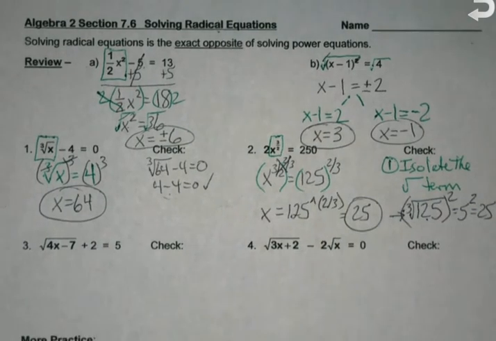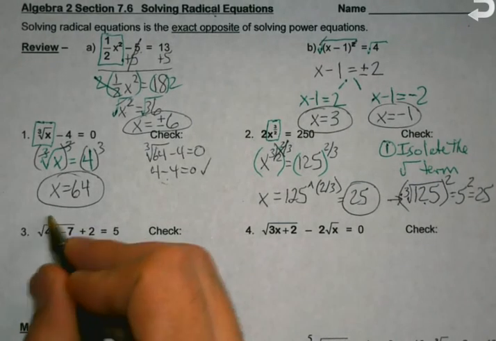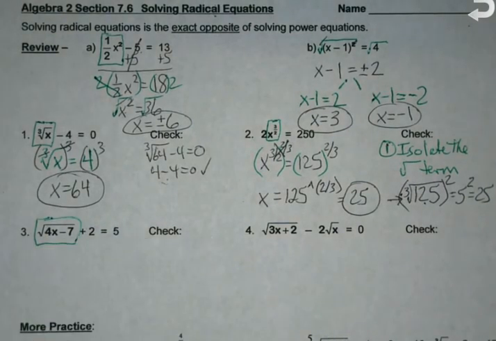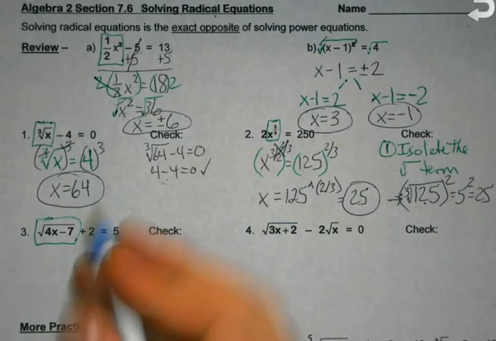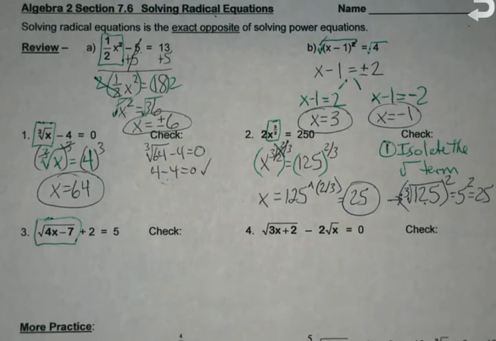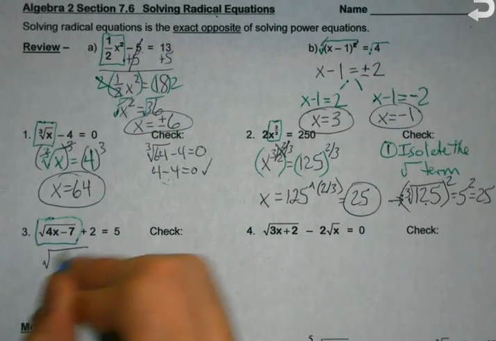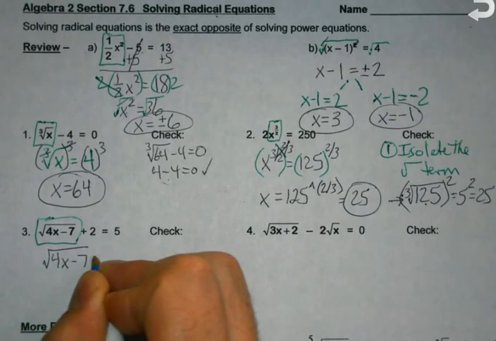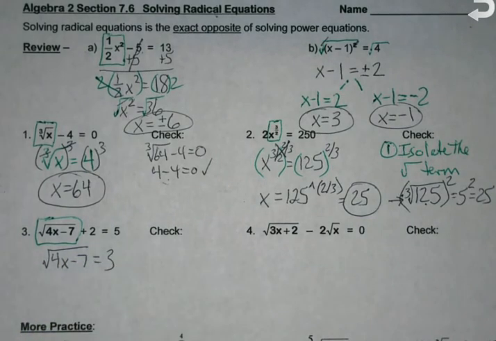So, let's see. Keep isolating. What has to be done first on this one? Subtract the 2. You always, always, always have to have your radical by itself on the side. Now what?